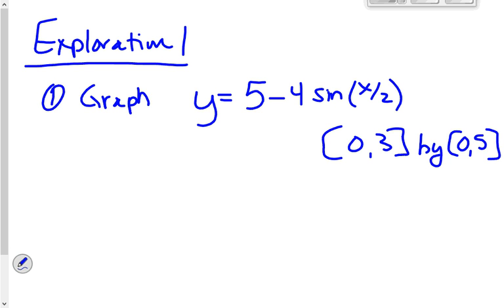And it's really important when you're dealing with the RAM program that y1 is the function that you want to apply the RAM to. And you should probably make sure, of course, that you are in radian mode.